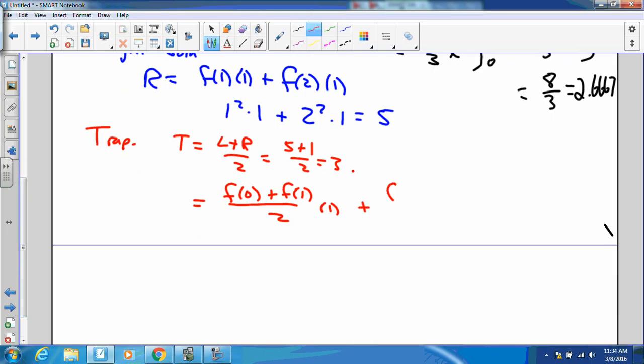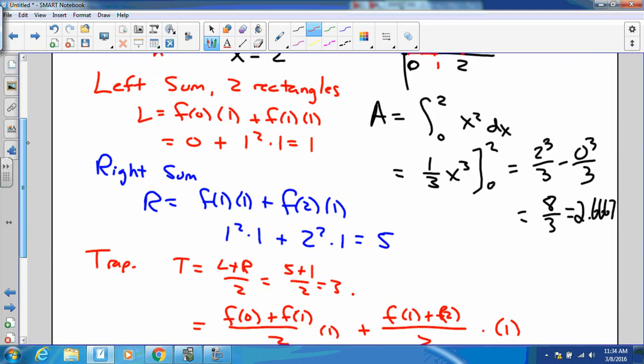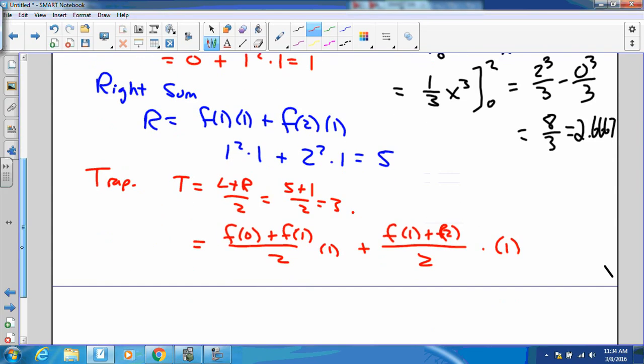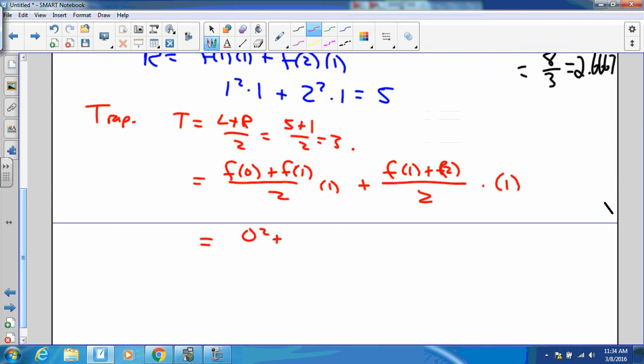And then for the next trapezoid, I would average my 2 heights times 1 again. Now I can compute that as 0 squared plus 1 squared over 2 times 1 plus 1 squared plus 2 squared over 2 times 1. And that's going to be equal to 0.5 plus 2.5, which is 3. That gives me the trapezoidal estimate, if I did not have the left and right already computed.